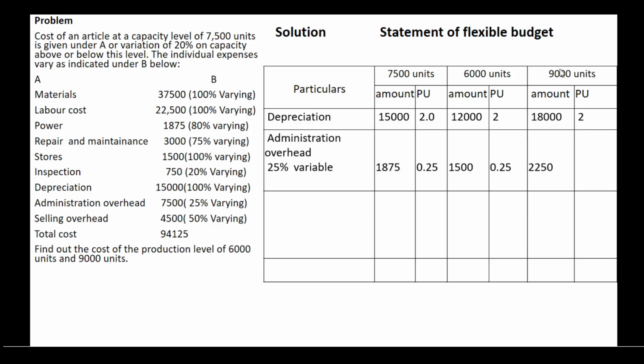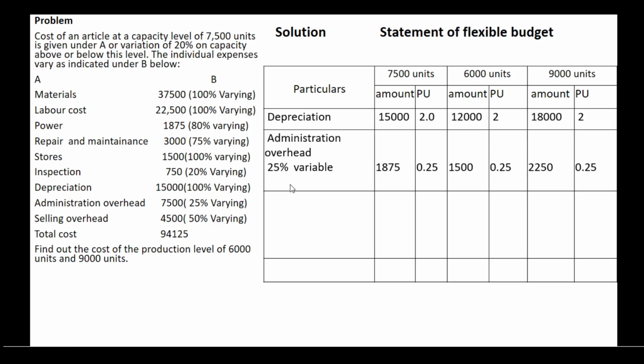And for the 9,000 units, the cost per unit are 0.25, that is the same amount. So it is multiplied with the 9,000 units. So 0.25 into 9,000. So now the amount are 2,250 rupees. So variable is over.